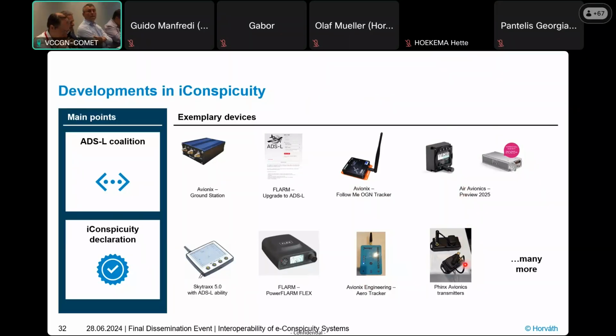And we also have some drone solutions for ADSL as well, and for the hang gliders as well. And another very important development is the electronic conspicuity declaration. I think that's a point that Lara will talk about later. And no pilot should be punished for inadvertent violations because he is conspicuous. That's a very important part to get the people to electronic conspicuity.